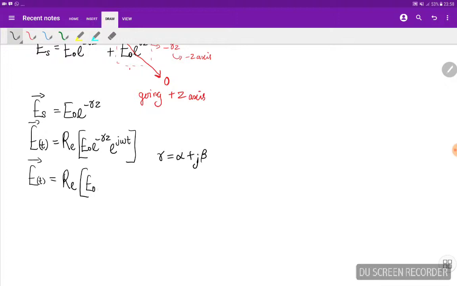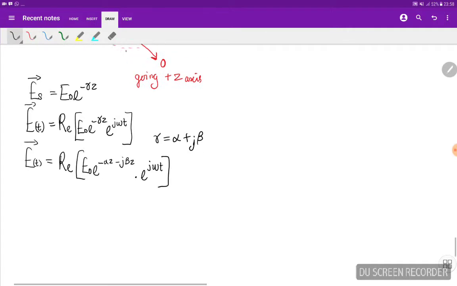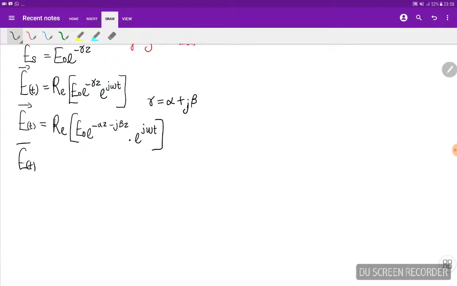This is E naught e raised to the power minus alpha Z minus j beta Z, then times e^{jωt}. Then E of t is the real part of, taking the j's together, E naught e raised to the power minus alpha Z times e^{j(ωt minus βZ)}.